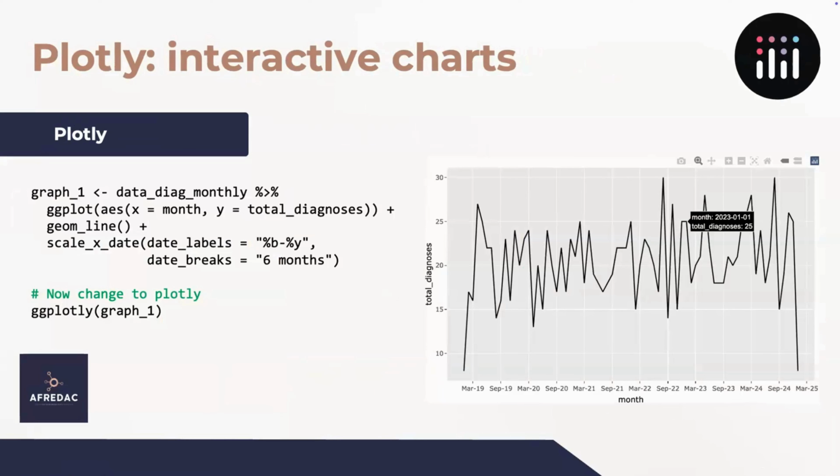Then we saw how to use a package called Plotly. So now we're moving away from ggplot. We're now looking at two packages, one being Plotly, one being Dygraphs. Both of these packages allowed us to interact with the time series graph that we were creating. This is quite useful if you have dashboards, for example. These graphs allow you to hover.